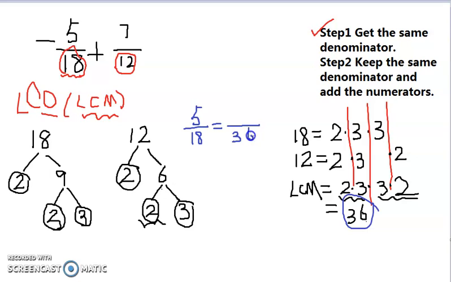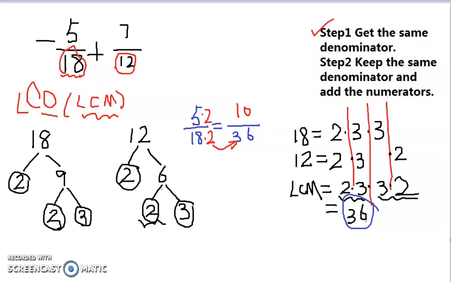Remember we said 36 is a multiple of both, so 36 of course is a multiple of 18. That tells us we must be able to find a number such that 18 times that number is 36. As we can see, 18 times 2 equals 36. We can multiply the same number on the top to get an equivalent fraction. So 18 times 2 is 36, and 5 times 2 is 10. So 5 out of 18 equals 10 out of 36.